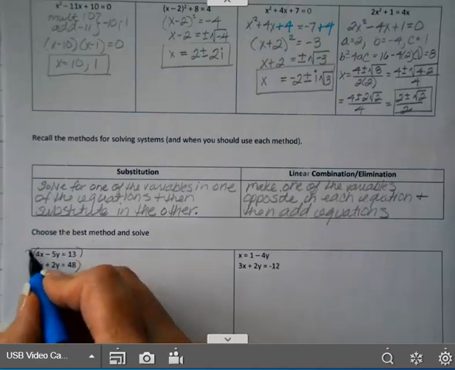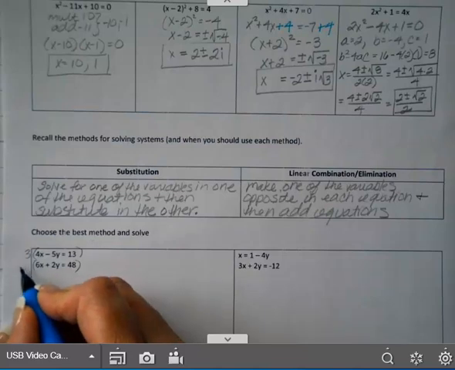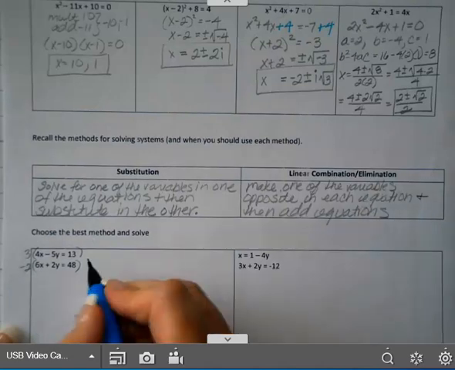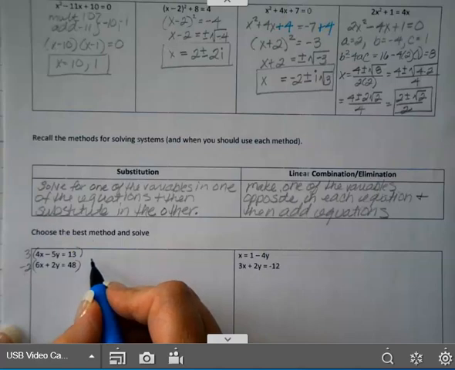So I'll multiply the top one by a 3 and the bottom one by a -2. I could have also done -3 on the top and +2 and had the top -12 and the bottom +12. It's up to you which one you want to make positive and which one you want to make negative.